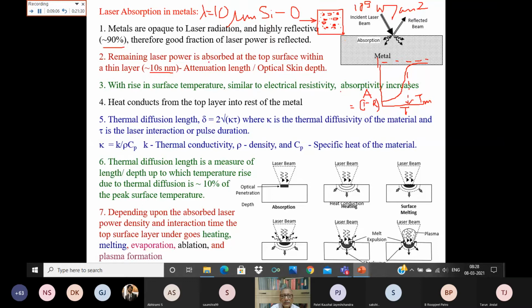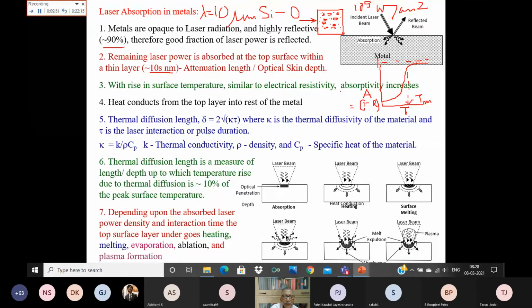Now, as I mentioned, with the rise in temperature your absorption is going to increase. The heat conducts from the top layer into the rest of the material. Once it is heated here, then because of the heat conduction, your metal is going to get heated up. The depth up to which the heating effect is going to be felt is given by the thermal diffusion length, which is given by delta equal to 2 under root kappa tau, where kappa is the thermal diffusivity of the material and tau is the laser interaction time or the pulse duration.